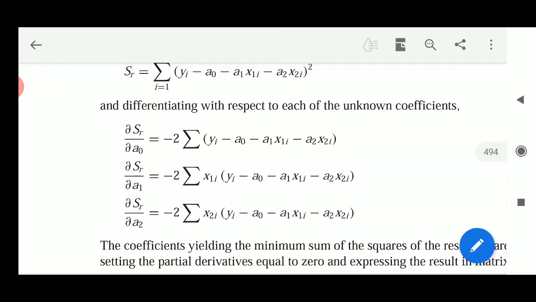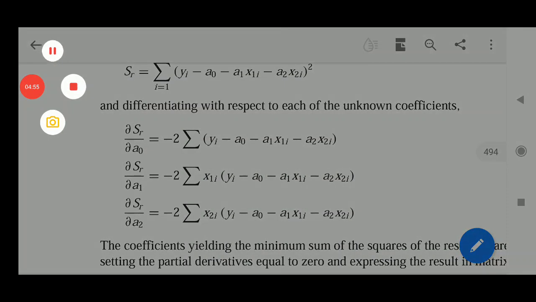Our ultimate aim is to fit y is equal to a0 plus a1x1 plus a2x2, and to get the best values of a0, a1 and a2, we are going to do the partial differentiation with respect to these three coefficients. You can try these three differentiations on a piece of paper, and you will get the equations as shown here.